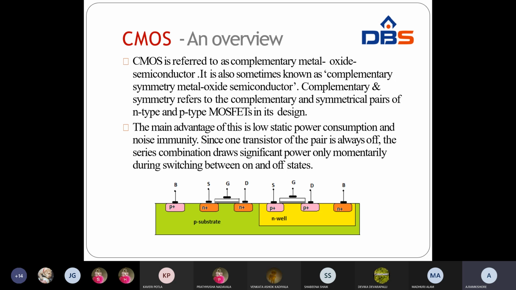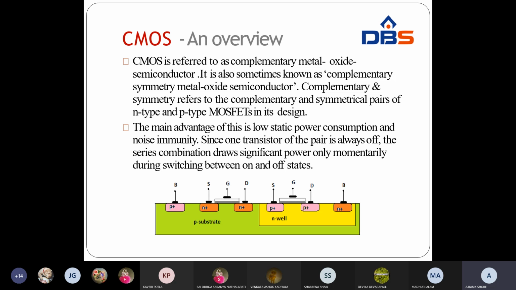Whenever we have to combine these two devices within the same configuration, the power required for the on state and off state will be considerably low, so only some switching power will be consumed.